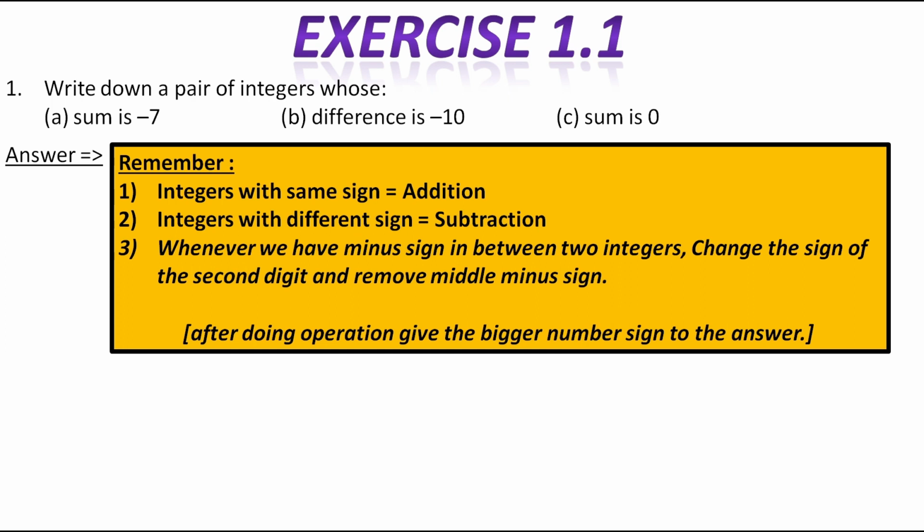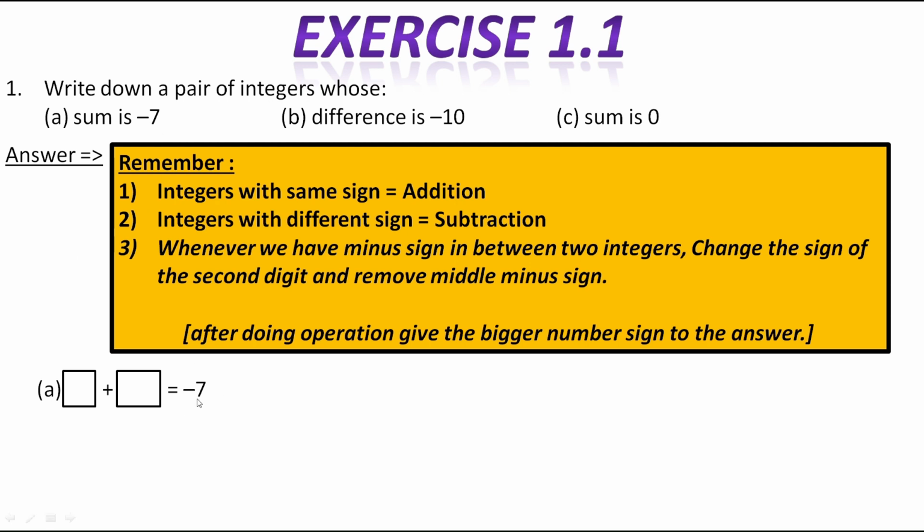First of all, we have to find a pair of integers whose sum is minus 7. That means we need to find two integers, and whenever we add them, we should get the answer minus 7. How are we going to find them?